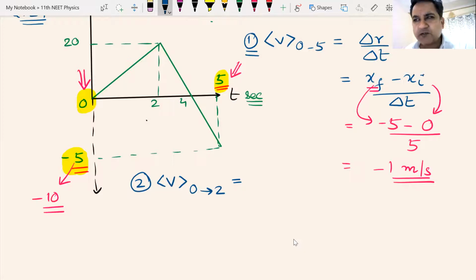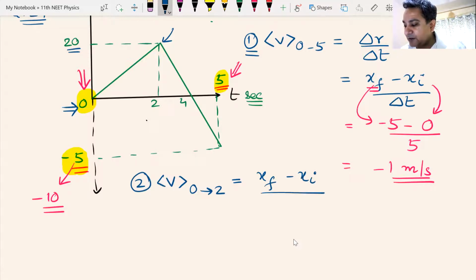Please don't kill vectors. We are not killers. Vectors must have direction. So look at this initial position. 0 is the initial position. At the final position, the value of x. So I have to find x final minus x initial, position final minus position initial, divided by the total time.